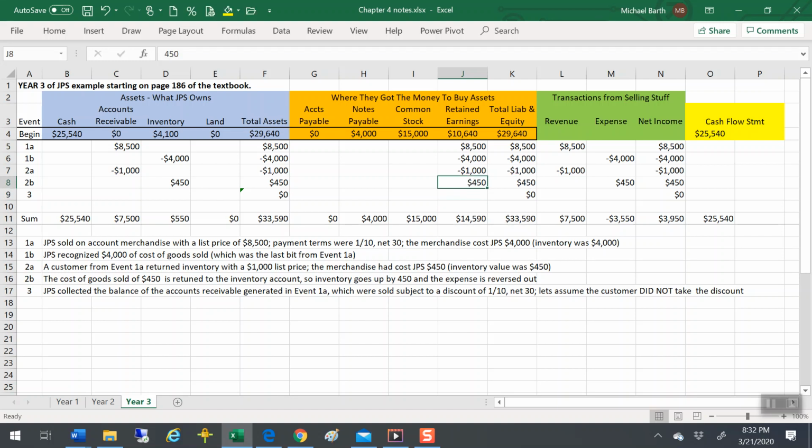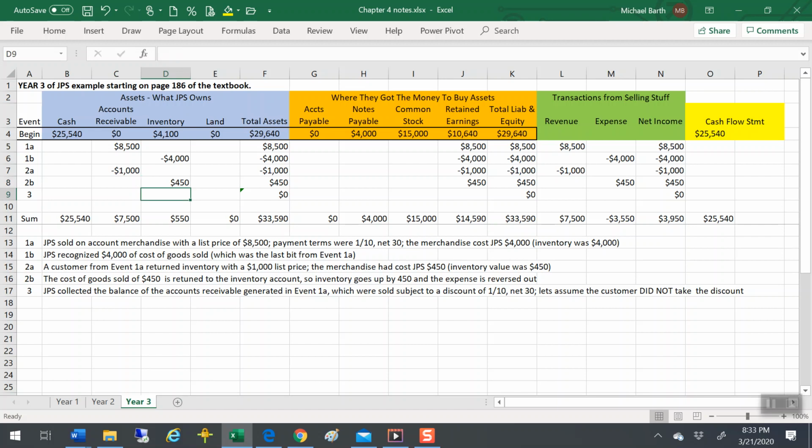Now all that means is that $4,000 here really wasn't $4,000, it was $3,550. Okay, but remember we go through multiple steps in here because the accountants want to keep track of everything, and that's good because we want to have an idea of how much we sell that we actually didn't sell that has to get returned. Okay, so far so good.